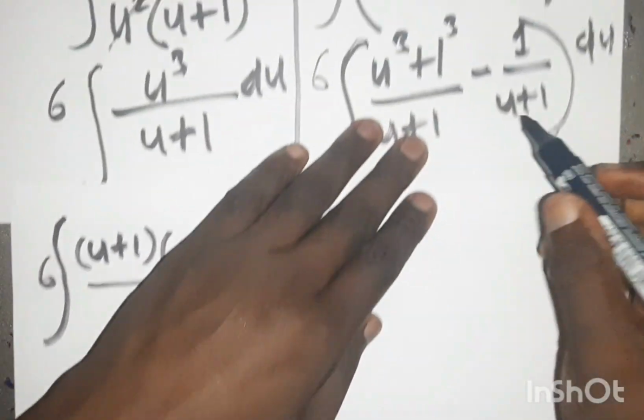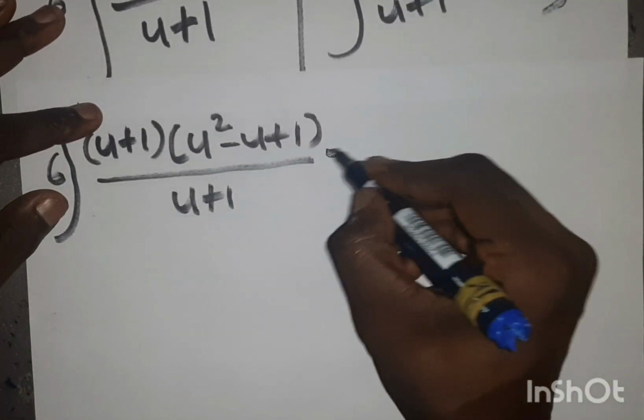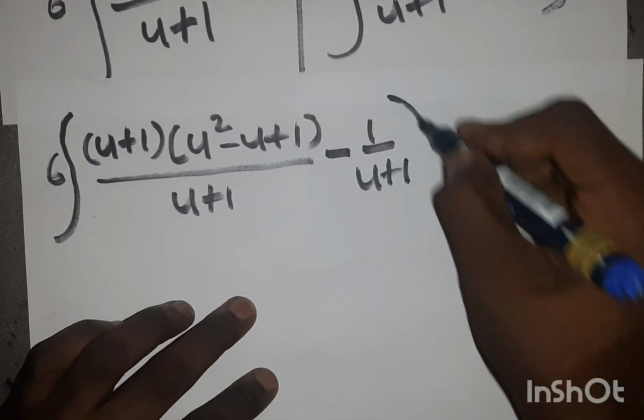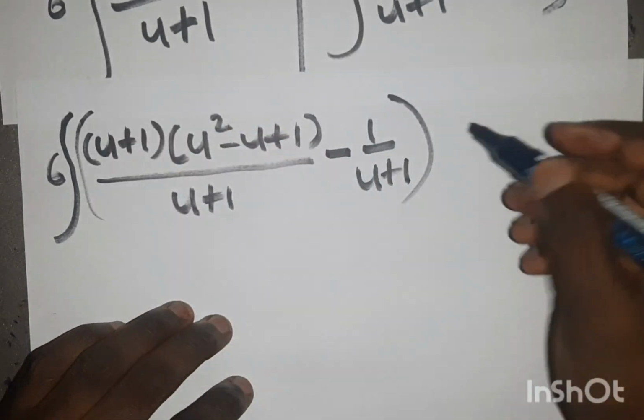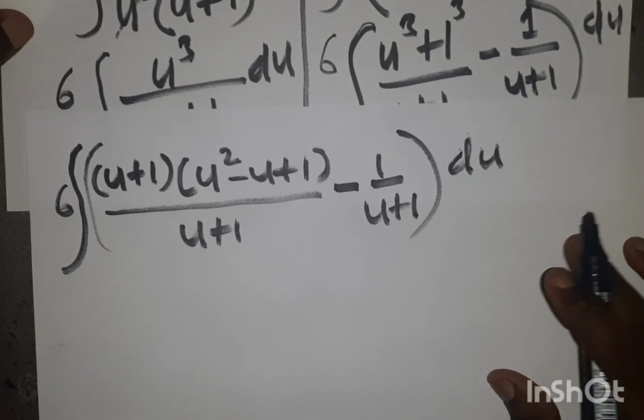Then of course I still have the minus 1 over u plus 1 waiting for me, so minus 1 over u plus 1, close bracket, and then the du.